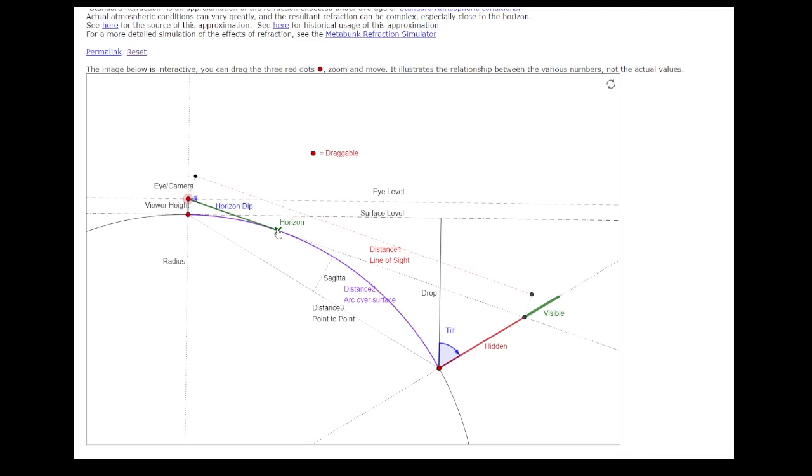Let's say we can see a ship at that location on the surface, and we're this height above the surface. Well, where is the horizon going to be? It's going to be at our height. It's going to appear at our eye level, our horizontal line of sight along this eye level. So not down here, not on the surface.